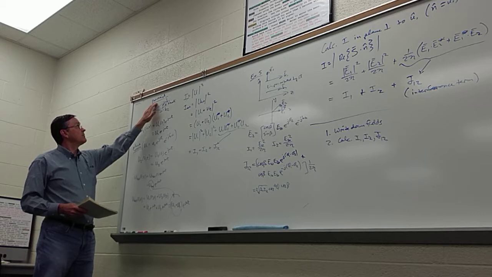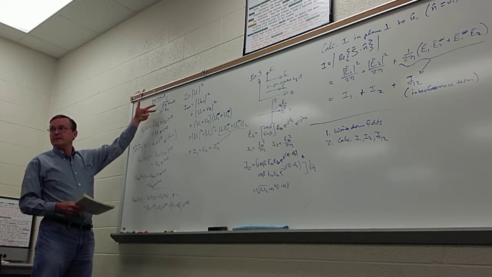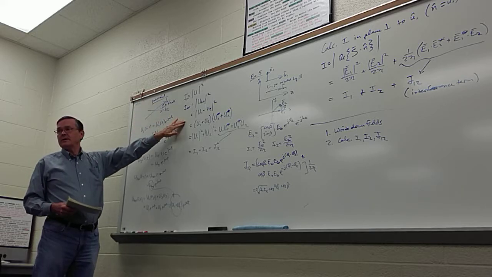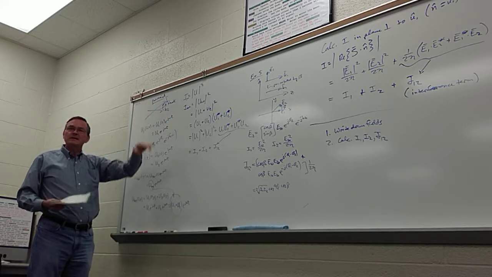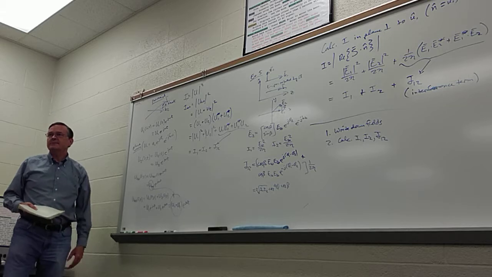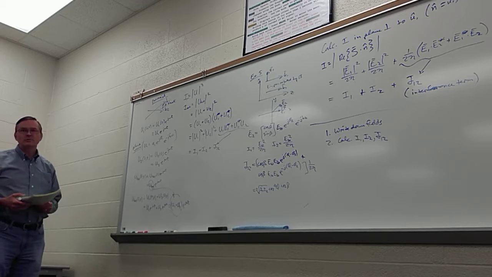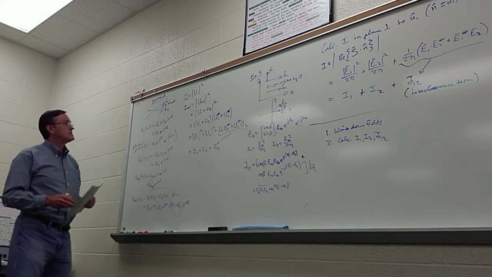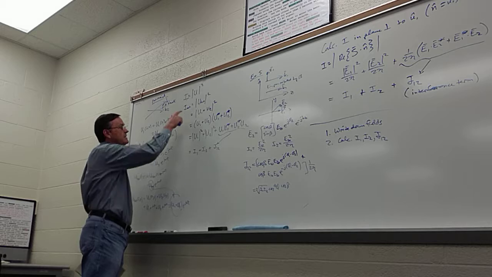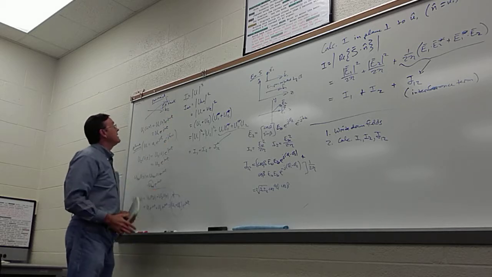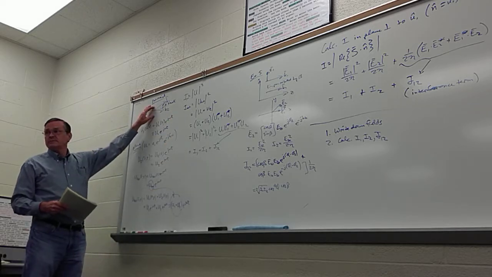So if I assume paraxial beams, so there's not much angular difference between them, then this works just fine. Up to about maybe 10 degrees, you're starting to get a few percent error. So 5 degrees, 2 degrees, 3 degrees, works great. Okay, so all of this is fine if these are paraxial beams.